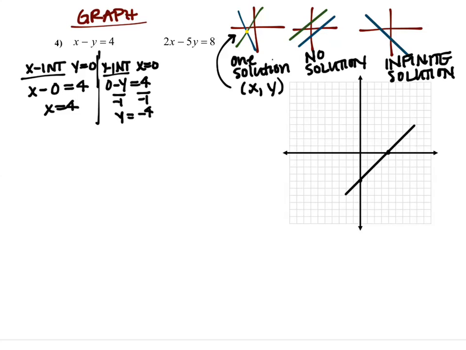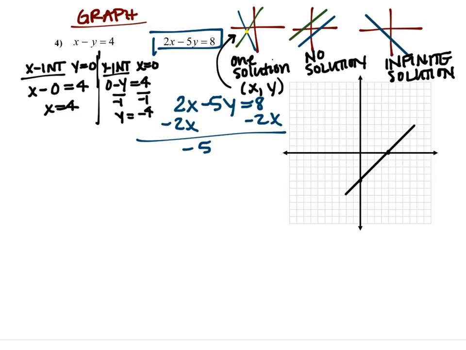The next thing I'm going to do is go to the next equation, which is this one right here. I'm going to solve for y, so I'm going to rewrite it as 2x minus 5y is equal to 8, subtracting 2x from both sides, again trying to get that y by itself. I get -5y is equal to -2x plus 8.